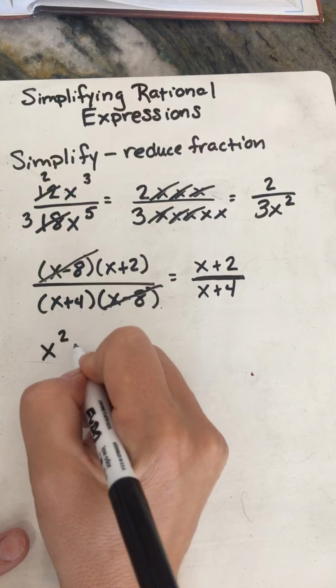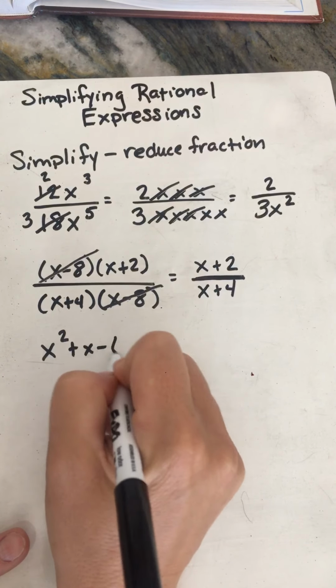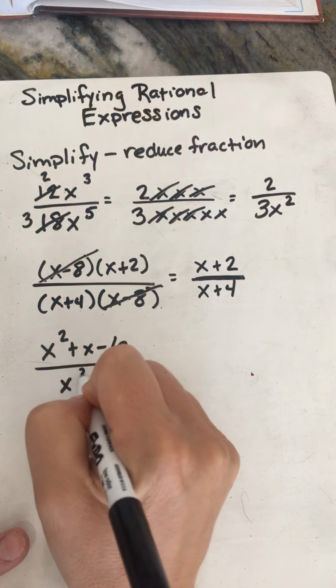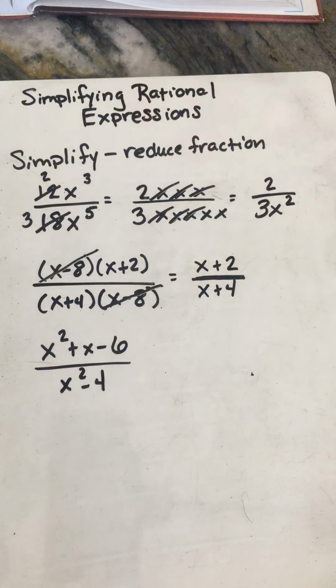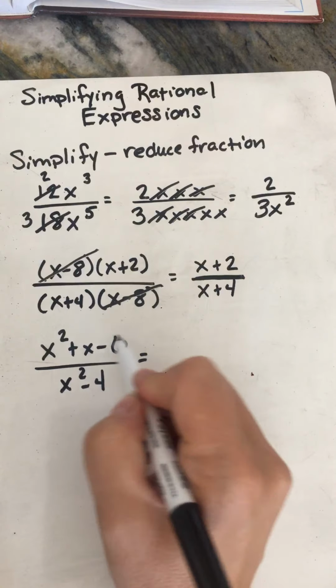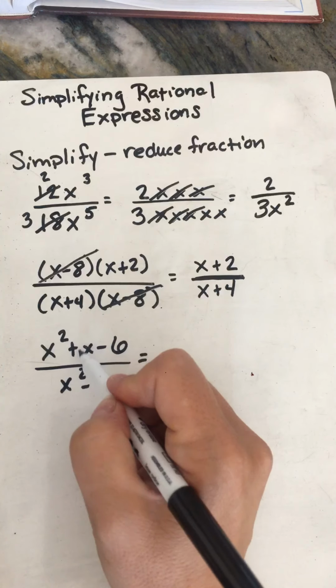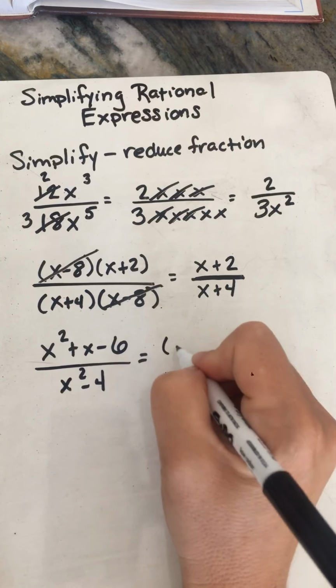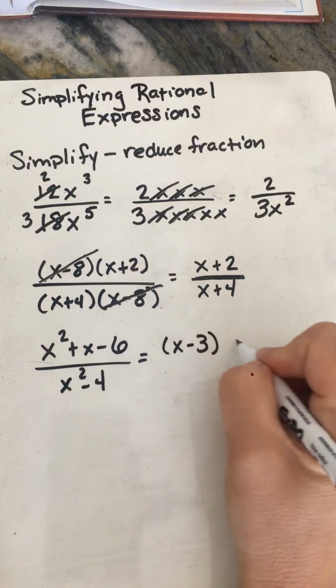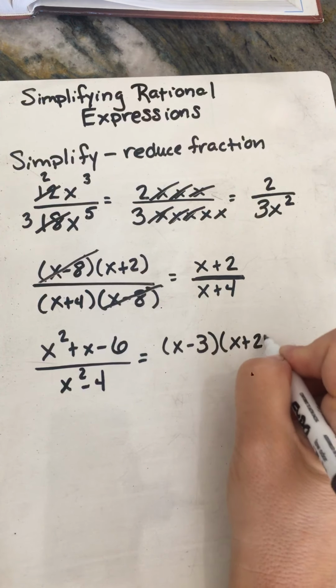The quantity x squared plus x minus 6 divided by the quantity x squared minus 4. So now we have unfactored versions of our polynomials. So let's see if we can factor them and maybe something will come of it. So factors of negative 6 that add to equal 1. So we've got x minus 3 times x plus 2.